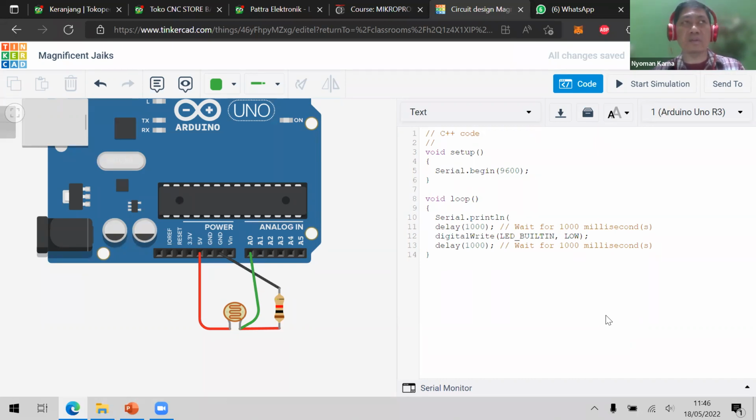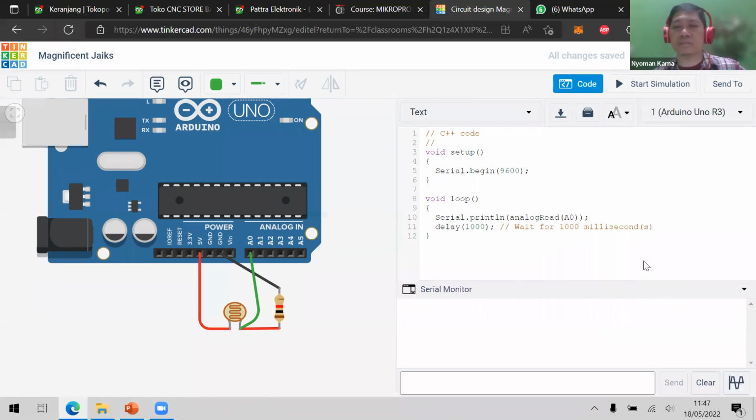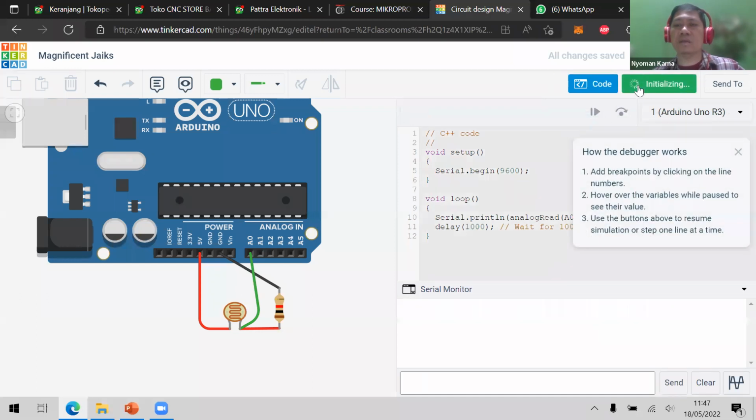So what is the voltage in A0? We're going to use analogRead because A0 is analog, and we're going to read the value in this node. Okay, so analogRead A0. That's it. So we just need to read what is the voltage in A0 and then print it out to the serial monitor. Okay, let's try to start.